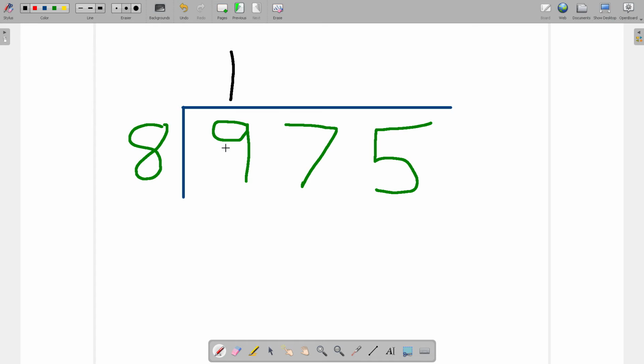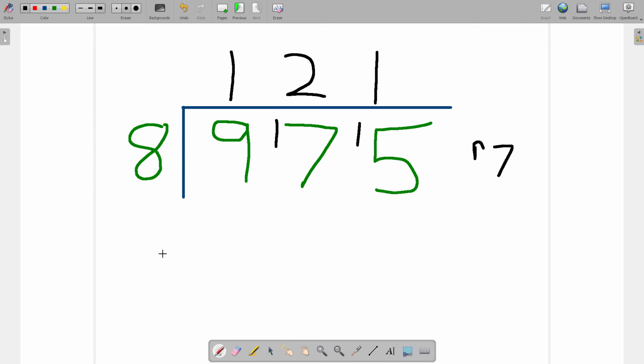And then 9 take away 8, we have 1 remainder, we move it down, and then we say how many 8s are there in 17? There are 2. So 2 times 8 is 16, so 17 take away 16, we again have 1 remainder, we move that down, and we then say how many 8s are there in 15? Well, again, there is 1, and then we say 15 take away 8, and our remainder is 7.